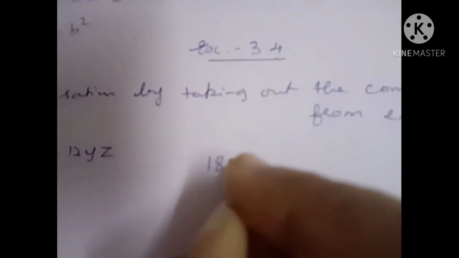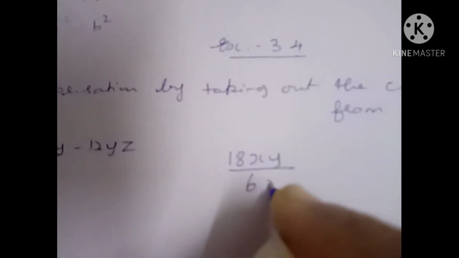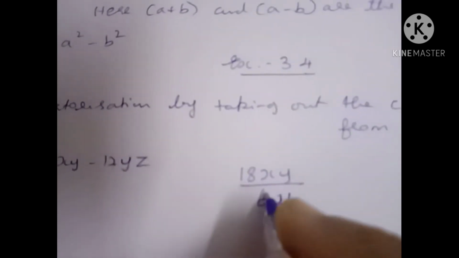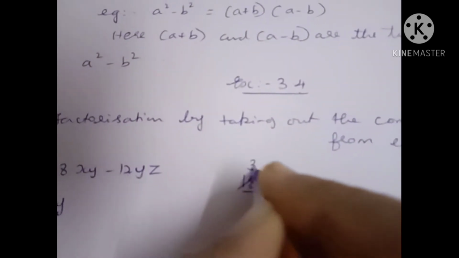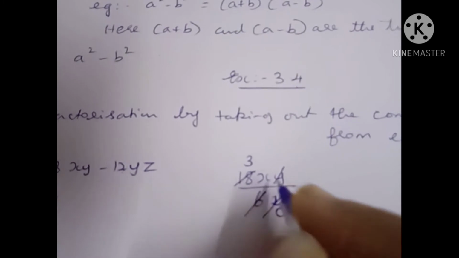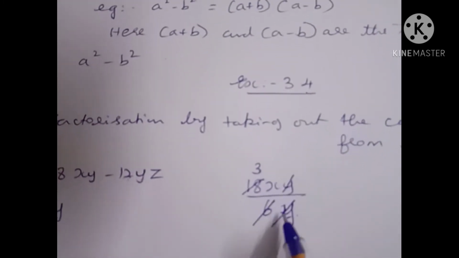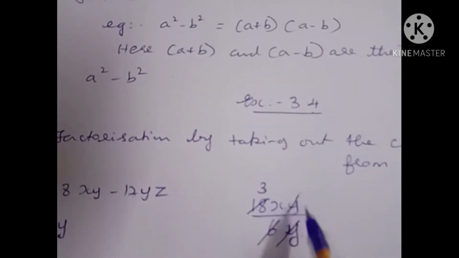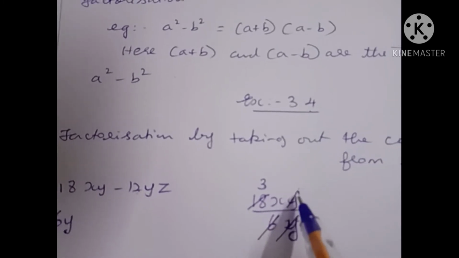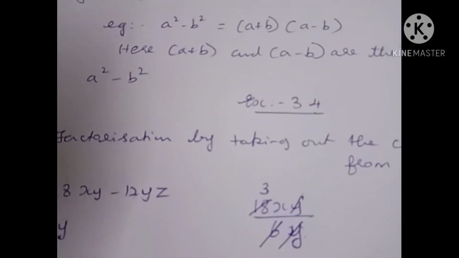Therefore, 18xy by 6y. So in 6 table, 3 times y and y. Division means you have to subtract the power. So 1 minus 1 is 0.